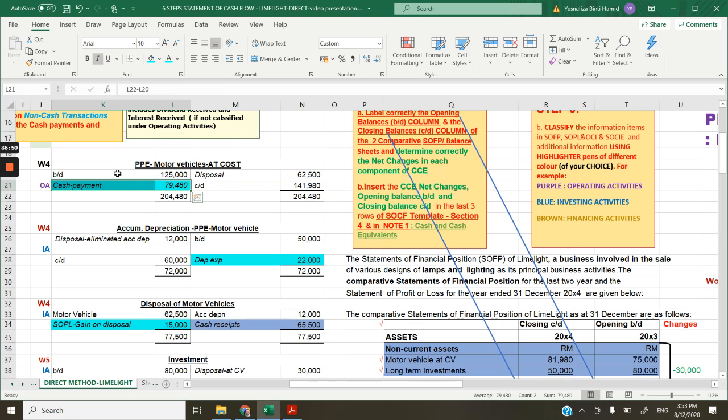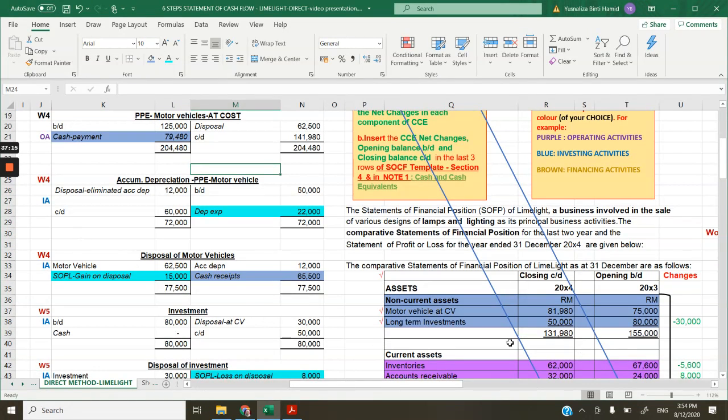Maybe you can do it separately, but I'm putting only PPE, and you should know this is from motor vehicle only because it is one item. So this will have been transferred just now as the cash outflow, and this one was a cash inflow. Okay, so the blue item there.